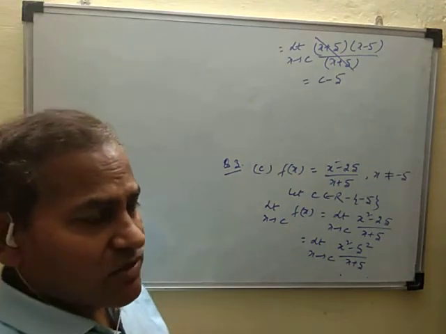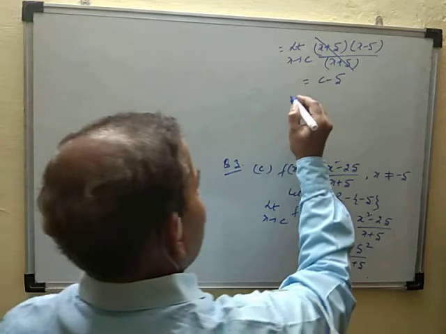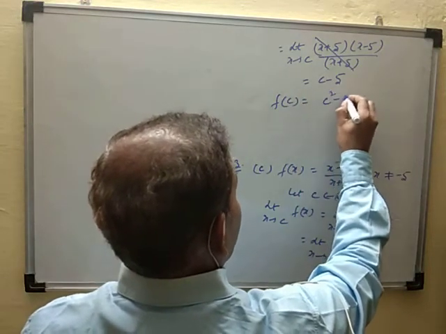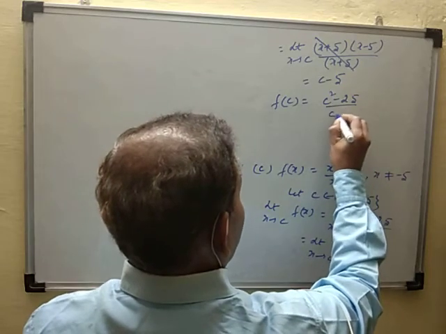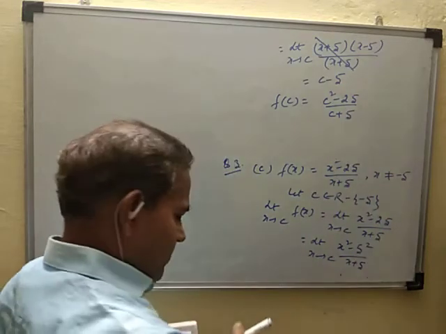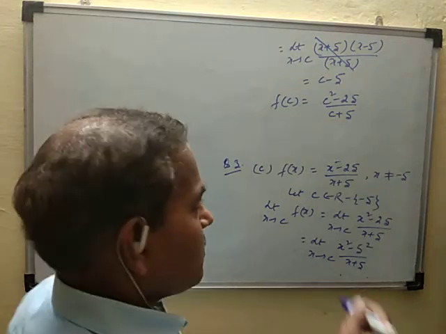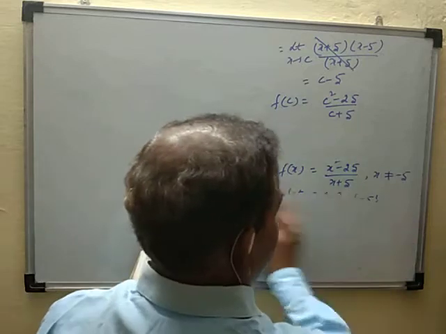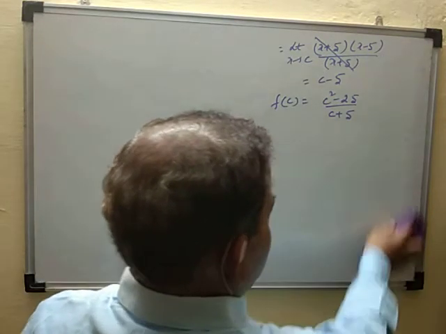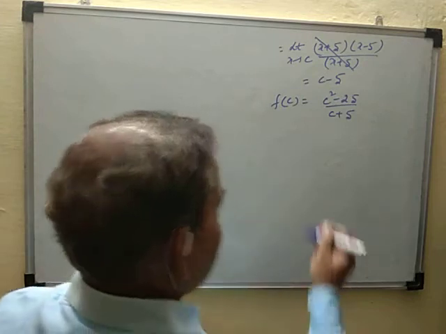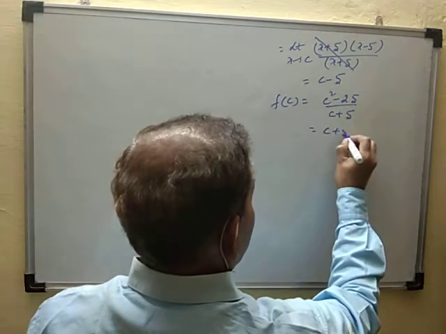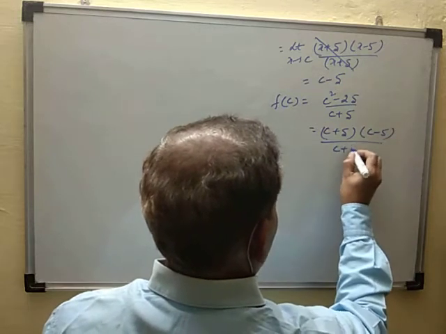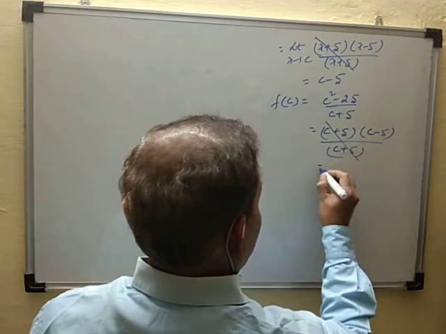Now find point function value, that is f of C. So it is equal to C square minus 25 upon C plus 5. Then use formula also, C square minus 5 square, so a plus b into a minus b, that is C plus 5 into C minus 5 upon C plus 5 cancel.